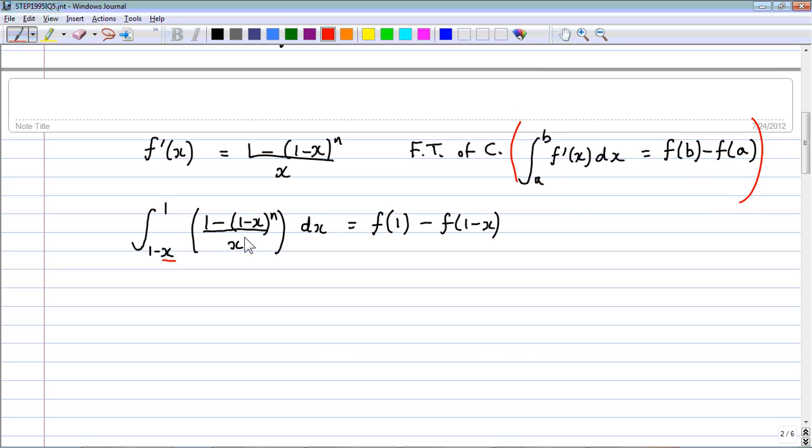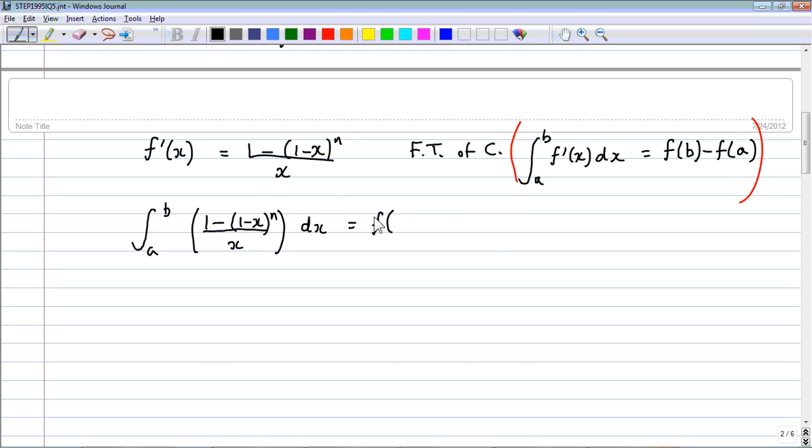I've put in the value for f dash x, but let's just leave the limits as a and b so that we don't confuse ourselves too much, as I obviously did just there. So here we need to do a and b, let's say, and that means, of course, that on the right-hand side we've got fb minus fa as before.